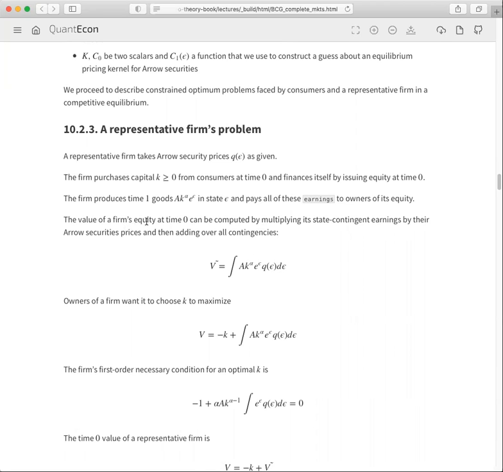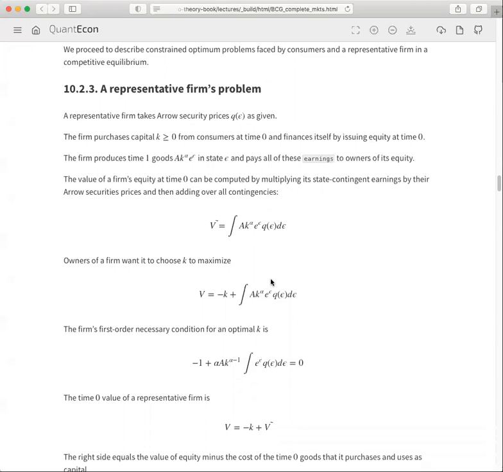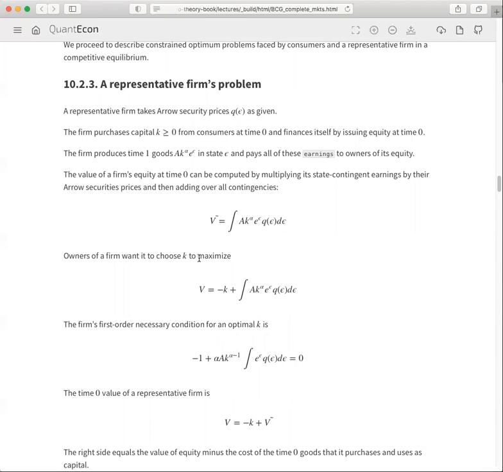Well, the return is going to be, in state epsilon, this. The price of Arrow securities in that state is going to be this. So the value of a firm that has invested K is going to be this V twiddle, just adding up across all epsilons.